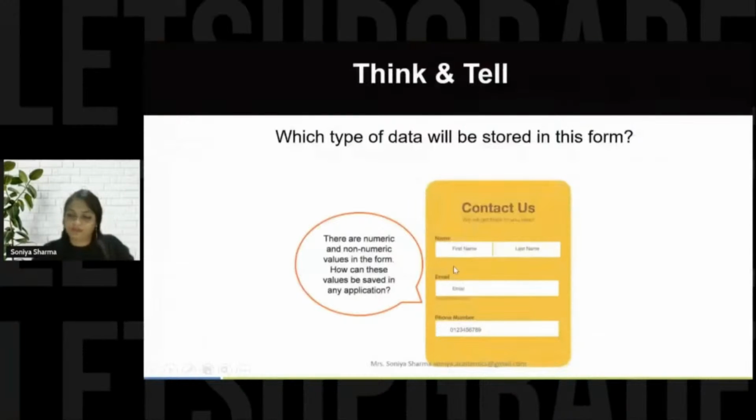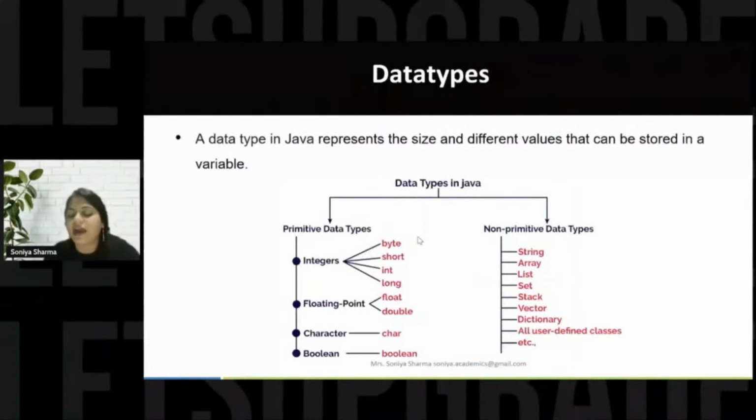String is used, then for the phone number long is used. Boolean right now it is not used, but that is a data type. So here we have a list of data types. There are primitive data types and non-primitive data types. Let's go ahead into this now, data types.